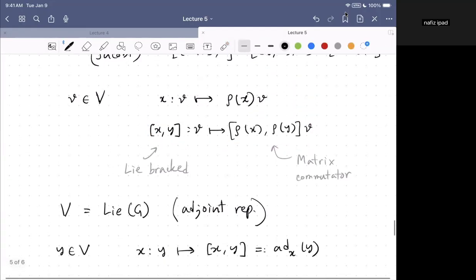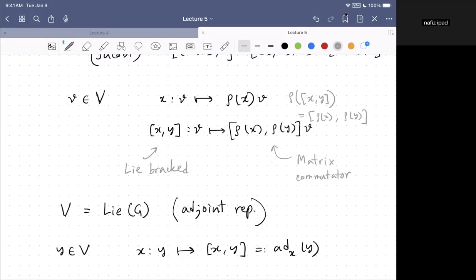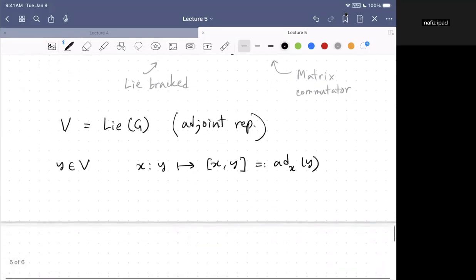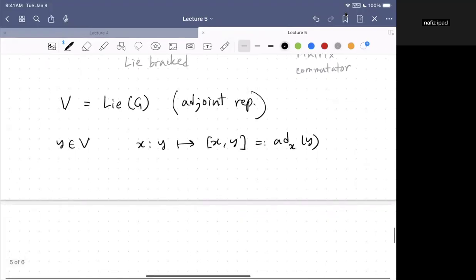Basically, another way of writing this is that for a map rho to be a representation, it has to satisfy the following: the representation of the Lie bracket of x and y has to be the commutator of the representations of x and y. Now let's check if that is true for the adjoint representation that we have defined.